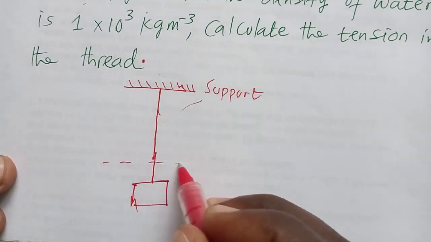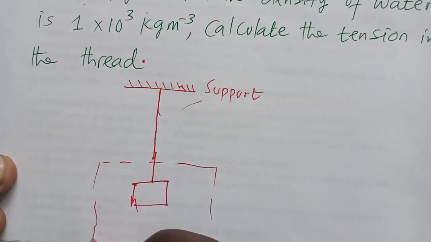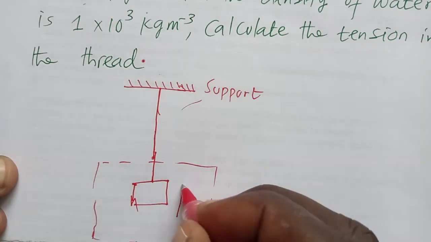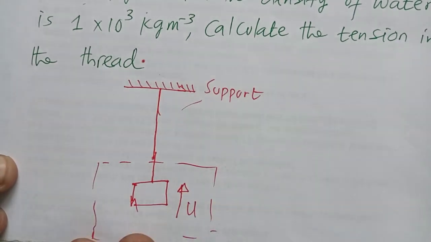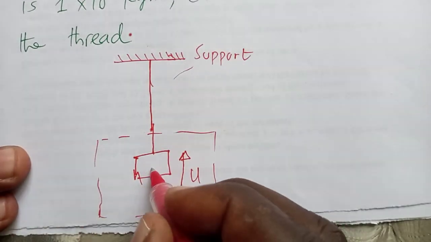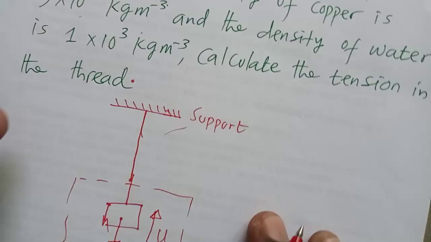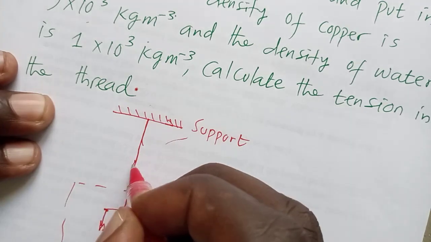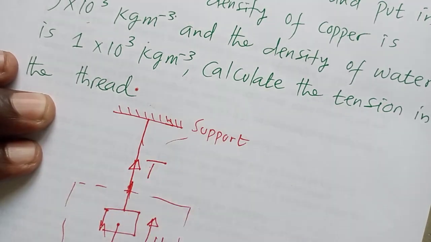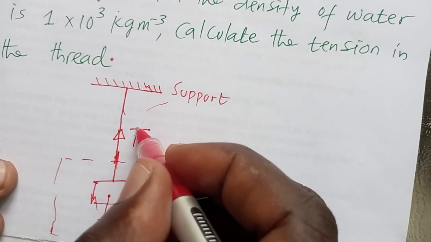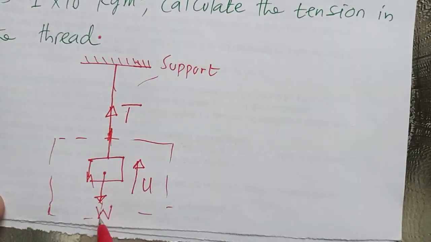So it is totally immersed, and because it is in water, there is an upthrust, an upward force on it. Another thing is it has its own weight acting downward. Then here you have tension on the string, so two forces are upward and one force is downward.